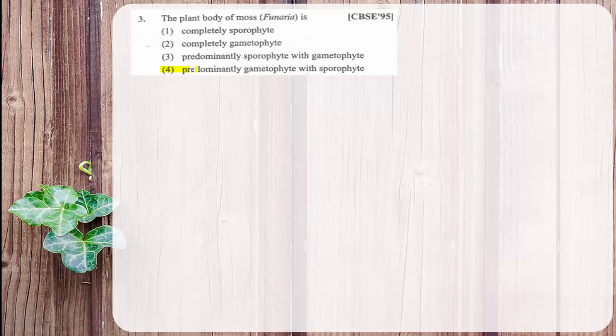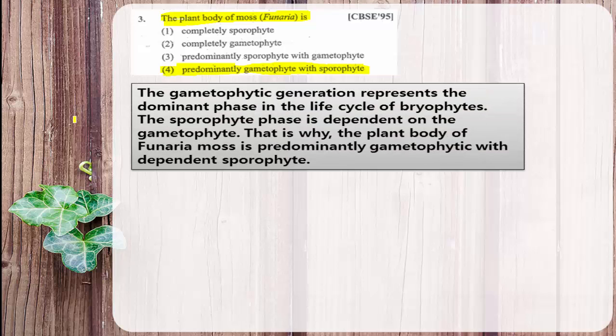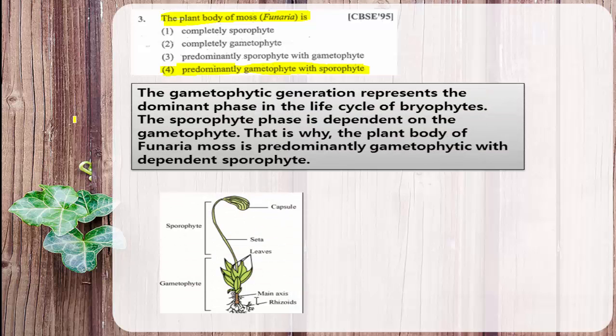In bryophytes, the plant body is gametophyte and it is the dominant phase in the life cycle, to which the sporophyte is attached. Therefore, the plant body of moss, that is Funaria, is predominantly gametophyte with the sporophyte. Here is the answer, and this is the image of Funaria.